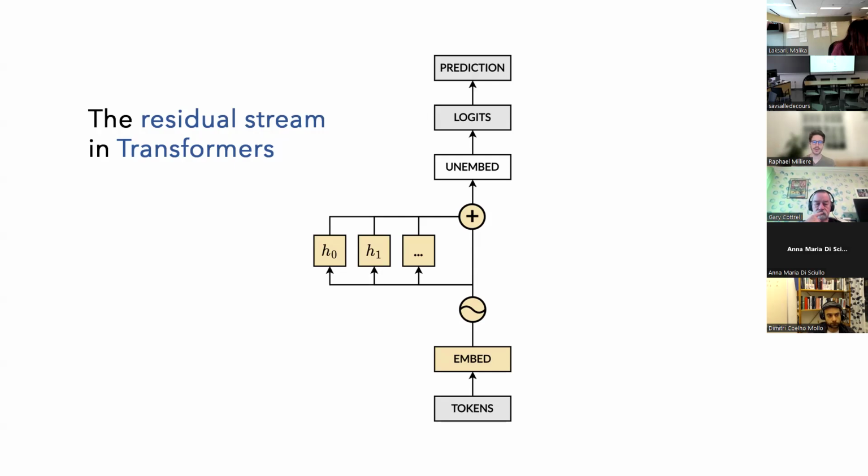The important bit here is these attention heads, which are a very important component of the transformer architecture, which perform some operations on the vectors for the tokens in the input and transform them in some ways.